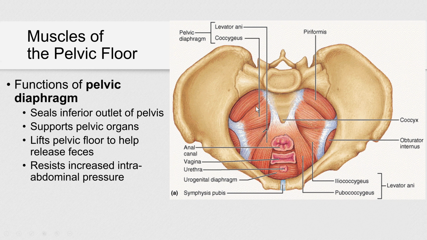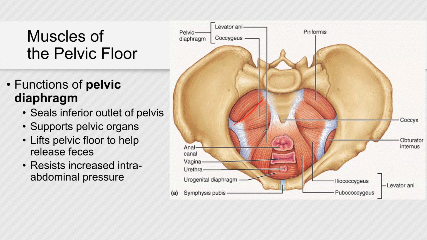And good, we have some muscles that close up this outlet, right? Now we have several muscles that make the pelvic floor. However, we're just going to divide them into three groups, and we will remember them just by these three groups. The first group of muscle shown right here is the pelvic diaphragm. Oh, I'm sorry, including this one as well, so that's all pelvic diaphragm.